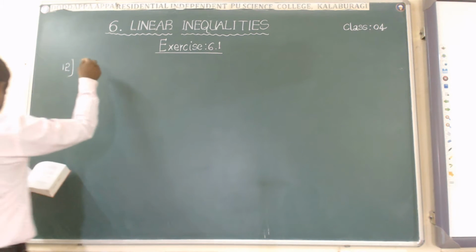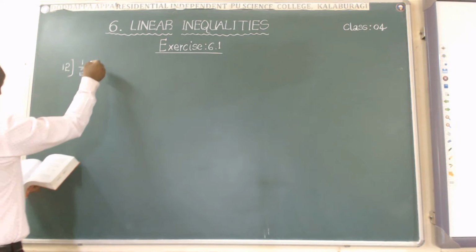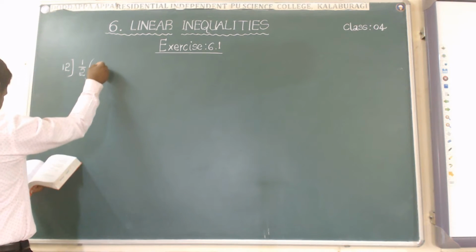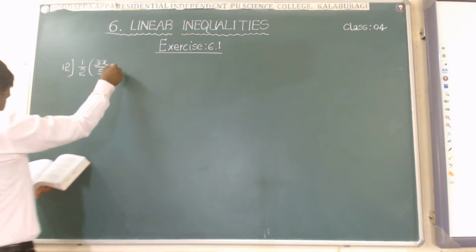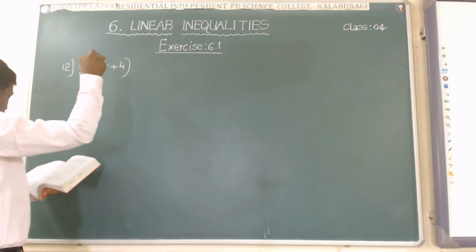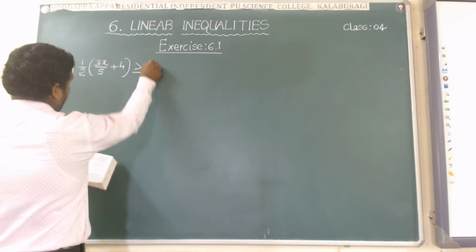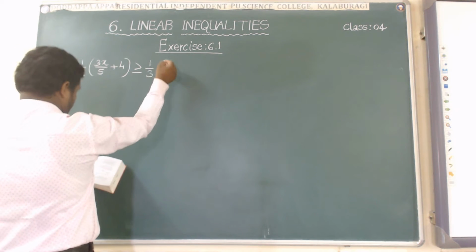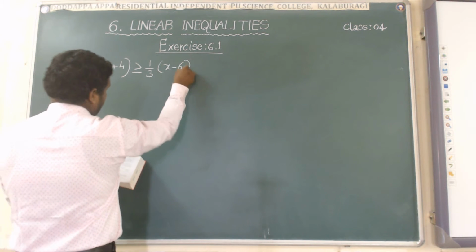The given question is: 1 by 2 of (3x by 5 plus 4) is greater than or equal to 1 by 3 of (x minus 6).